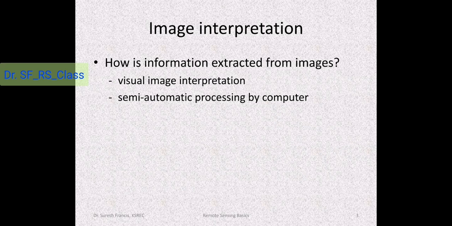That is visual image interpretation, and it's done by a domain expert who looks into the image and identifies different polygons which have their own characteristics, and identifies each polygon as an object.